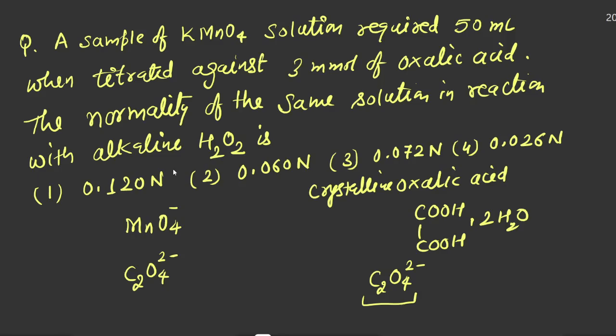A sample of KMnO4 solution required 50 ml when titrated against 3 millimole of oxalic acid. So first of all, just calculate the normality of KMnO4 with oxalic acid. Then the normality of the same solution you have to calculate in a reaction with alkaline H2O2.